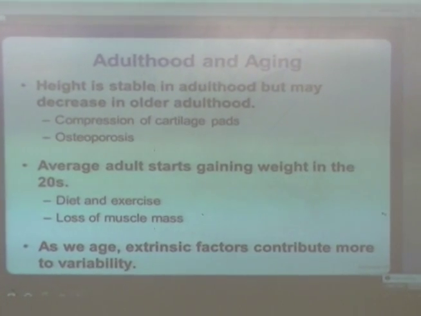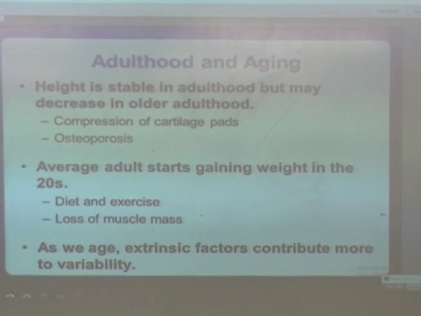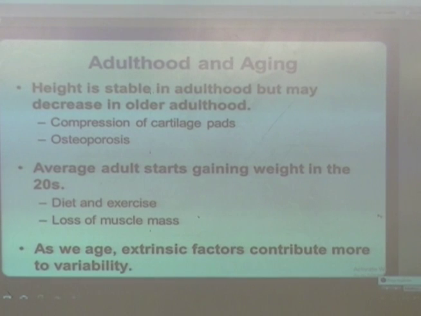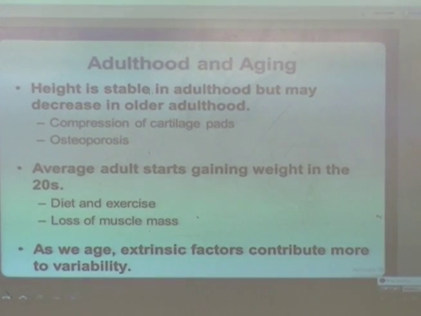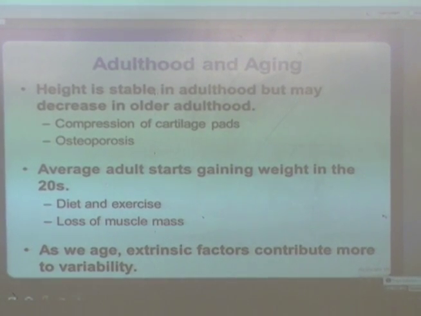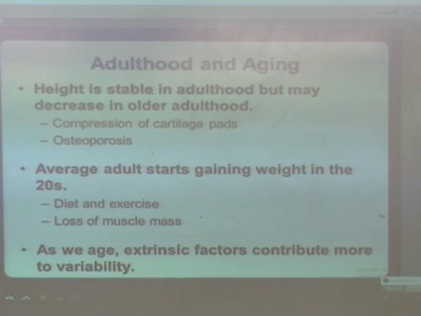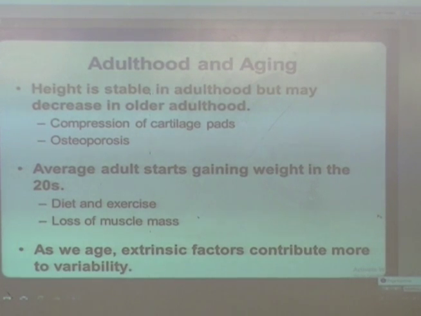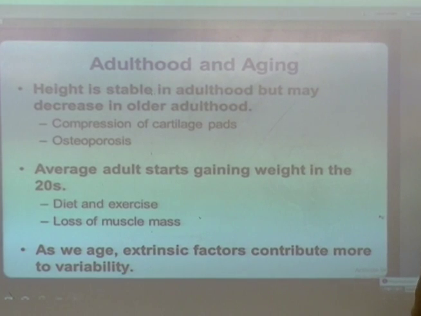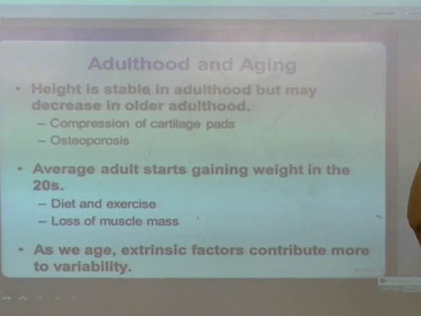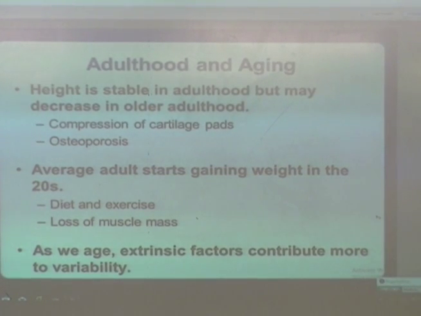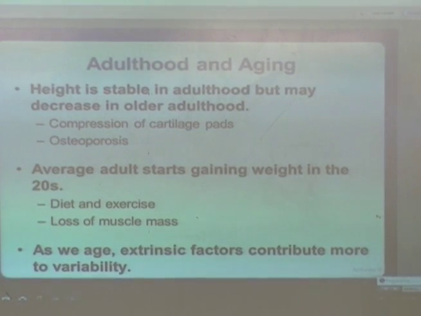So often you'll see people are taller first thing in the morning. So when, as your parents get older, you can watch for this one. This one's really starting to be quite amusing to me. You get in the car in the morning and you have to adjust the mirror, right? And then you get in the car at night when you've been standing all day and you have to adjust the mirror again because now you're not as tall as you were first thing in the morning, right?